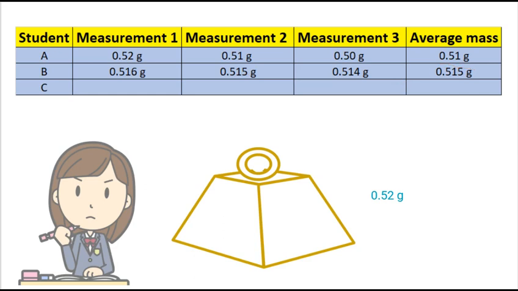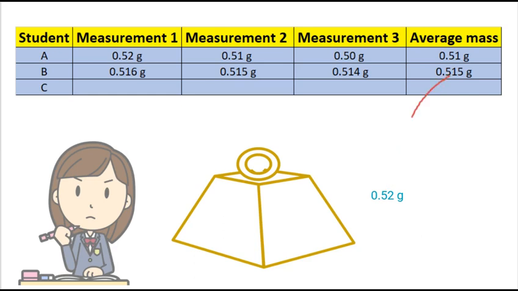When student A measured, he got the average value 0.51 grams. When student B measured, she got 0.515 grams. So this is the actual value. Out of these two values, which is closer to this actual value? The measurement done by your student B. Now what you notice is that, I can say that the data is not accurate.